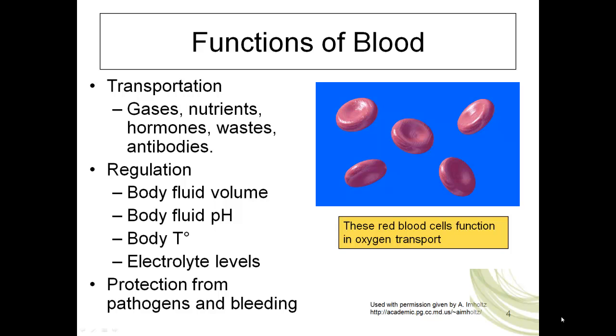It helps regulate the body temperature. Blood is important in maintaining the body's pH. It's also very important in maintaining the body's fluid volumes. We've learned about our different body fluid compartments. And blood is very important with helping to maintain our electrolyte levels.